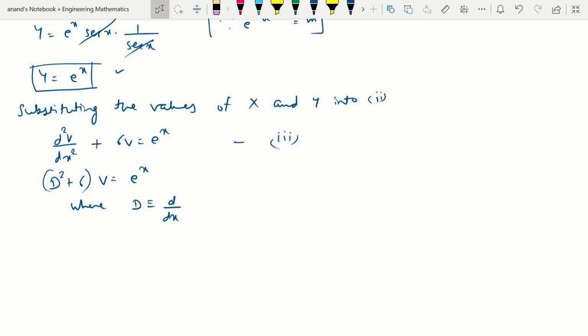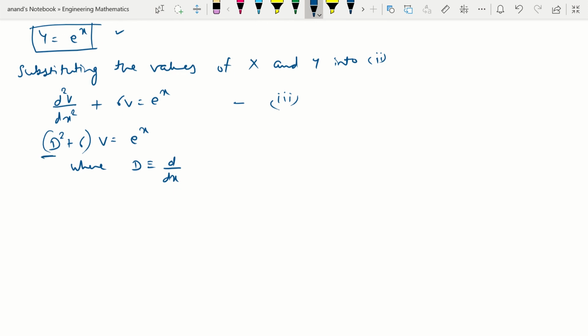So to solve this kind of equation, we need to first find the complementary function. So the auxiliary equation that we have will be D square plus 6 equals 0.